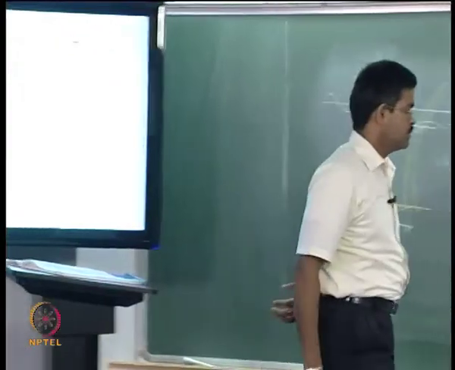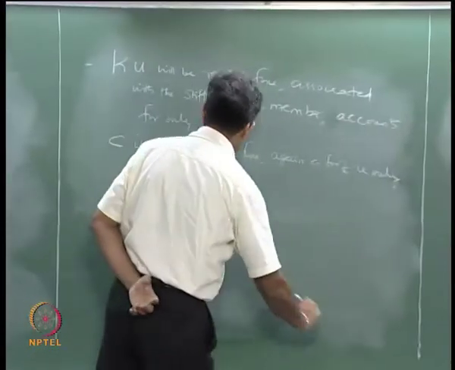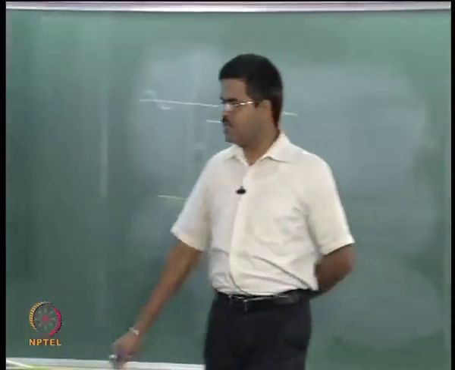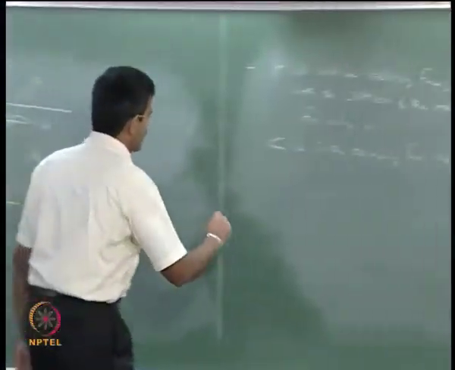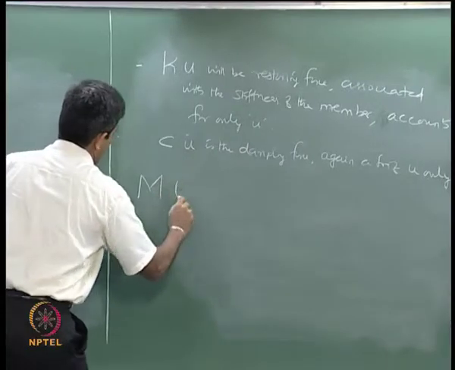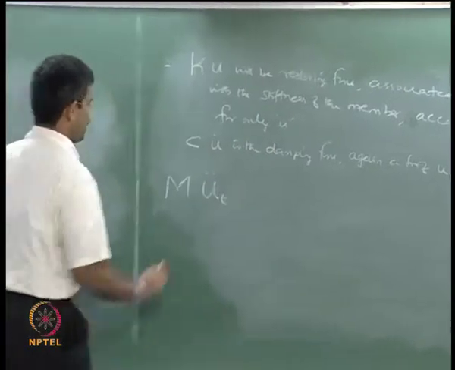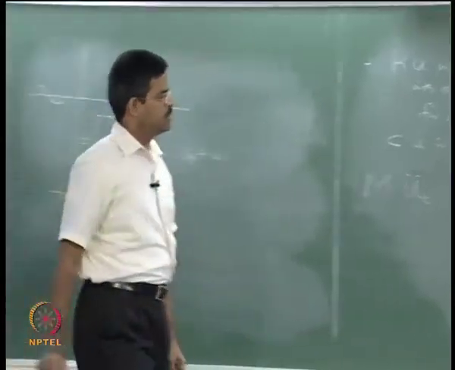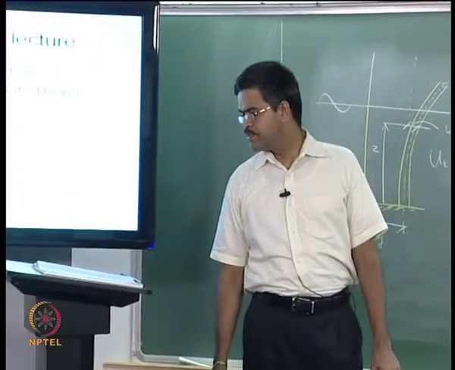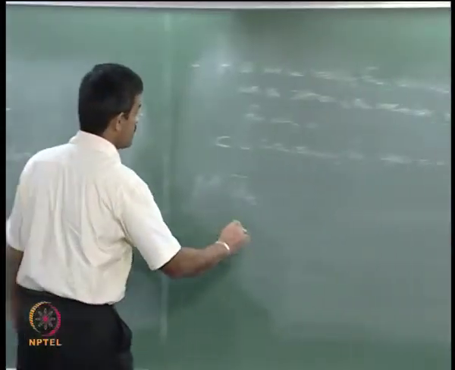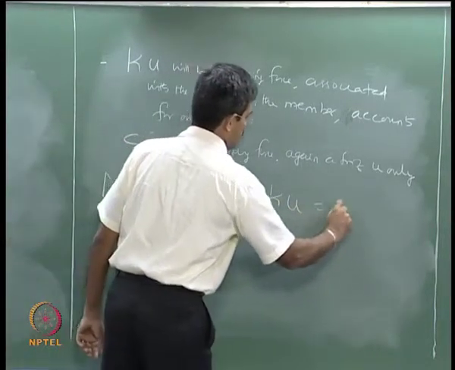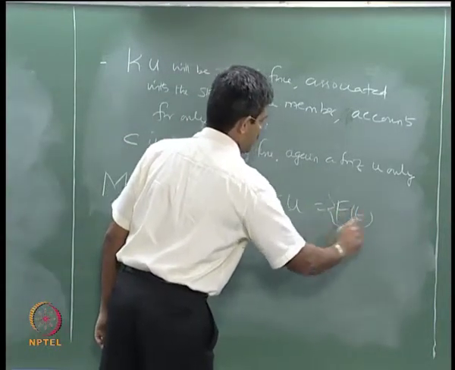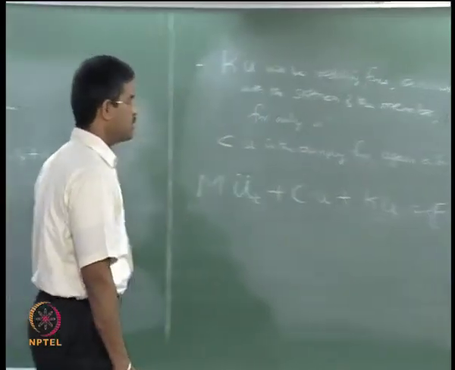Having said this, we can now say m u total double dot plus C u dot plus K u is f of t. That is my equation of motion 1.